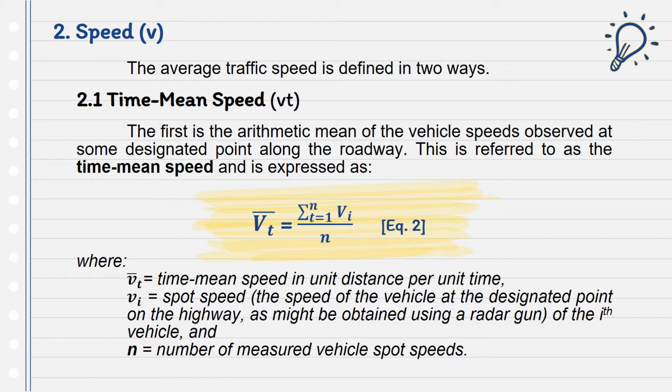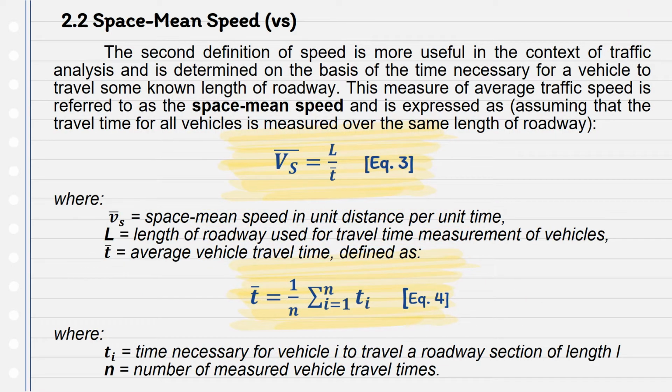Next is space mean speed. This measure of average traffic speed is expressed as Vs = L/T̄, where Vs is the space mean speed in unit distance per unit time, and L is the length of roadway used for travel time measurement of vehicles.